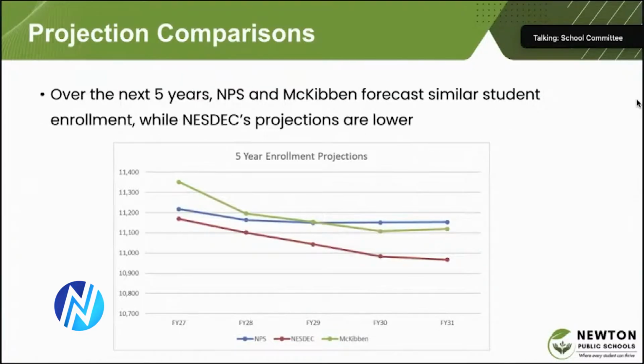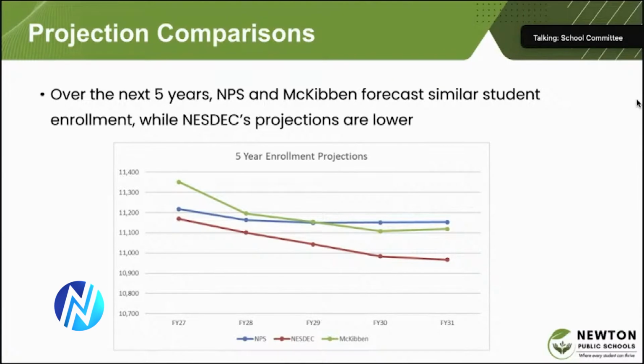Just for the sake of comparison here too, this slide is looking at the projections for the next 5 years for the NPS projections, the NESDEC projections, and the McKibben projections. So the green line on this graph is the McKibben projections for the next 5 years. Blue is Newton's, and then red is NESDEC's.